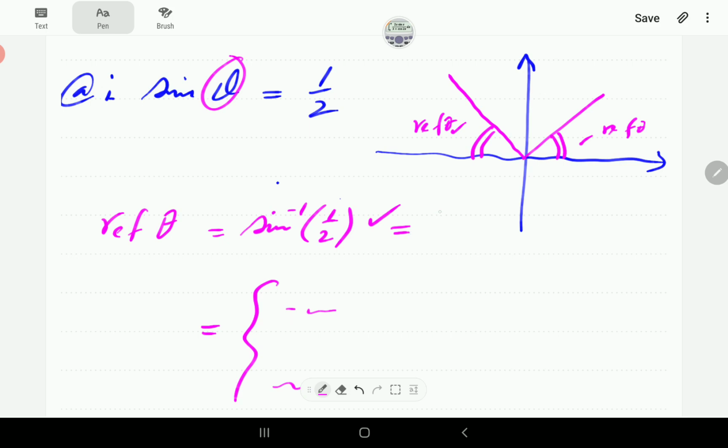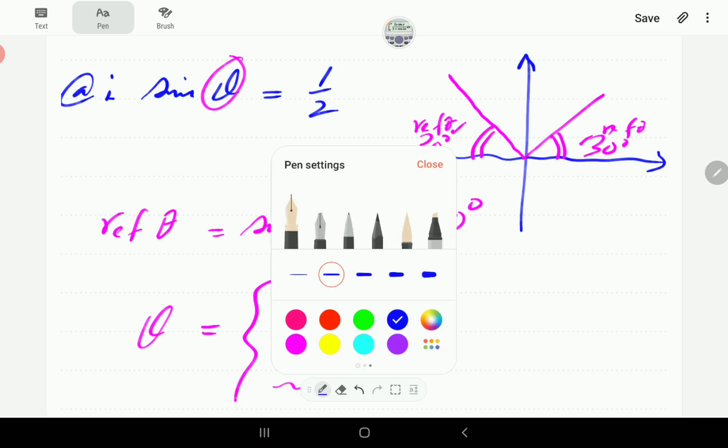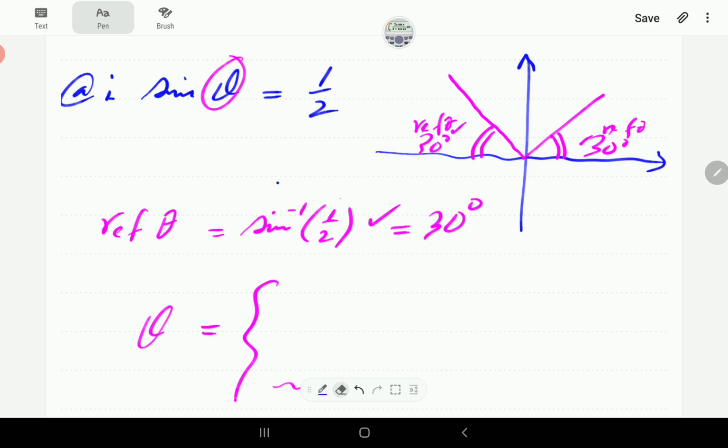Yeah, so maybe let me just write this one here. Ref is 30. So theta, this is saying this is 30 here, this is 30 there. So theta can either be 30, so that's one of them.